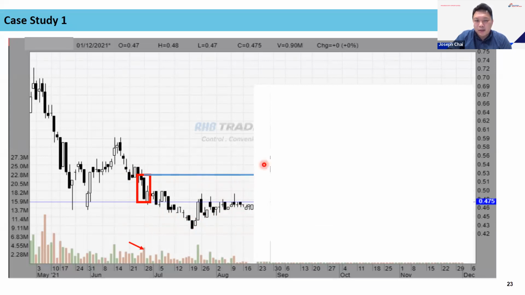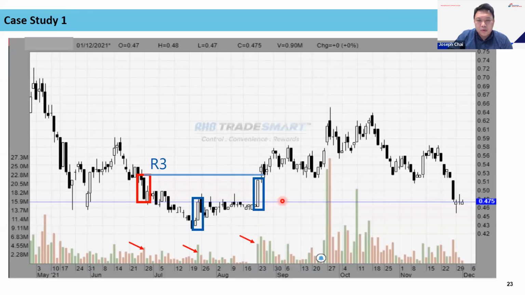That's my R3. Now I need to look for R1 and R2, so somewhere along here I need to sniff out my R1 and R2. I see another white candle here, so that's where my R1 and R2 have appeared. Another white candle here, and then it went up.